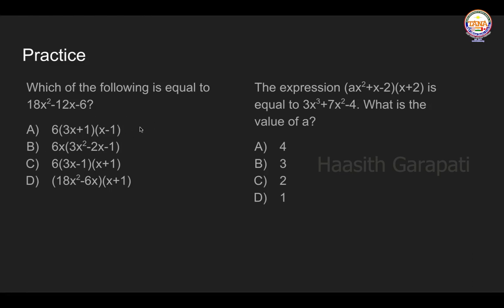Anyway, all right, which of the following is equal to 18x squared minus 12x minus 6? Okay, let's just take a look at some of the general answers. These all look somewhat plausible, so you just have to expand them out naturally yourself. Oh, you can immediately eliminate b because you have 6x and 3x squared.